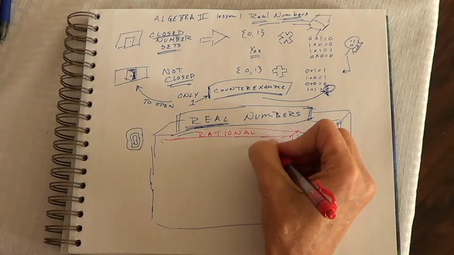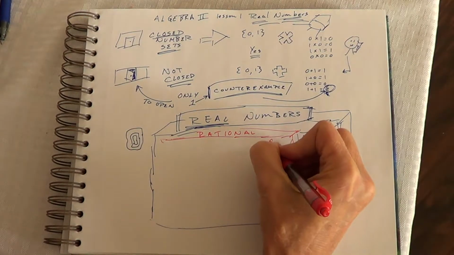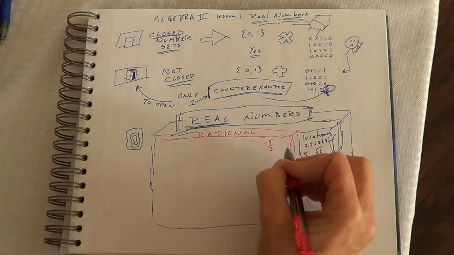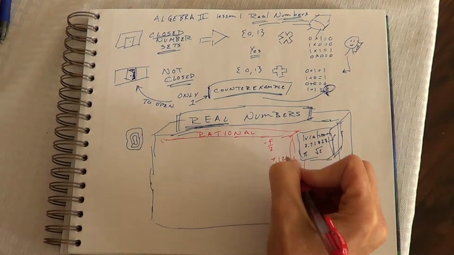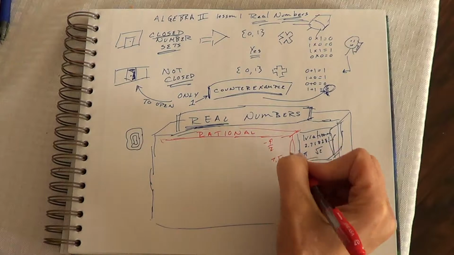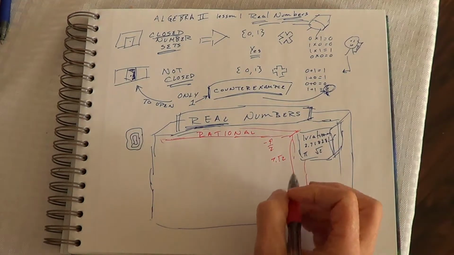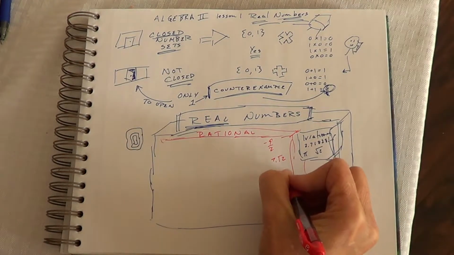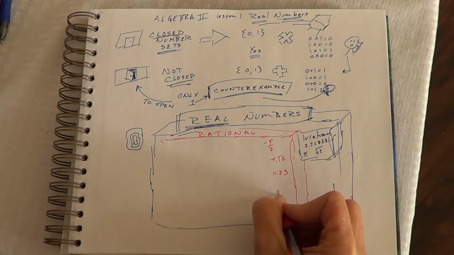Some of these in this outer space: 9/2, that would be 4.5; -4.5; 7.12, and that 12 could repeat, it would be a pattern; 11.23; 3/4.